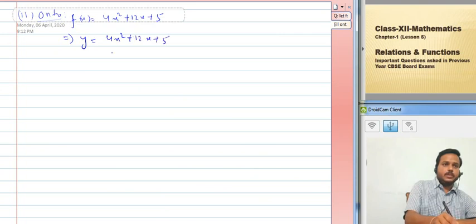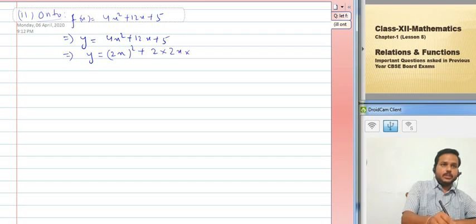Now the same thing, you do the completion of square here: (2x) whole square plus twice into 2x into 3 plus 3 square minus 3 square plus 5, and in the next step I get y equals (2x plus 3) whole square minus 4.